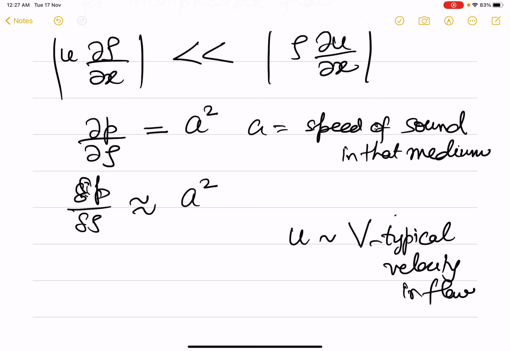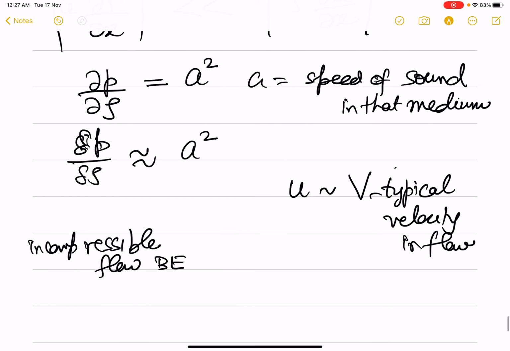So now what we also know is, for incompressible flow, which is what we want to treat or we want to find the condition, we have Bernoulli equation, where in Bernoulli's equation we use delta p is equal to minus rho v dv. We have p by rho plus half v square.